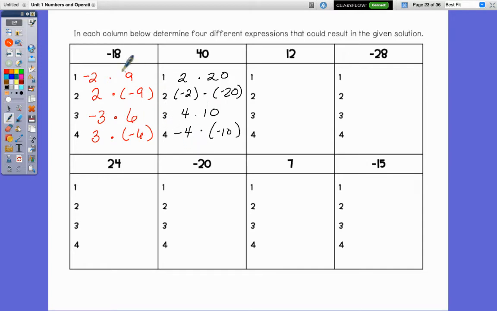Okay, I'm going to skip down here, and I'm going to do negative 28. So 4 times 7, right? So I'm going to do negative 4 times negative 7. Oh, that's wrong. Silly teacher. Okay, let's try that again.